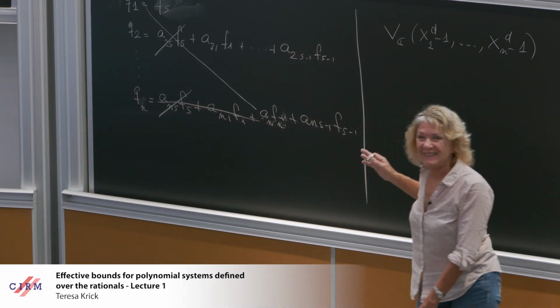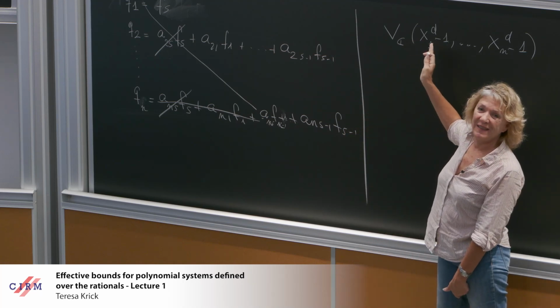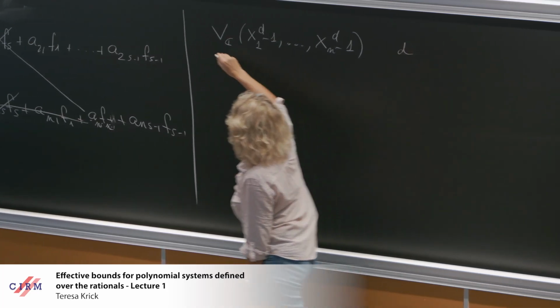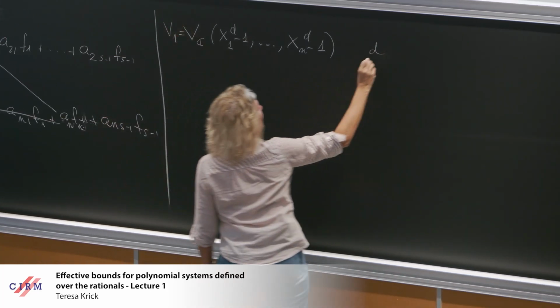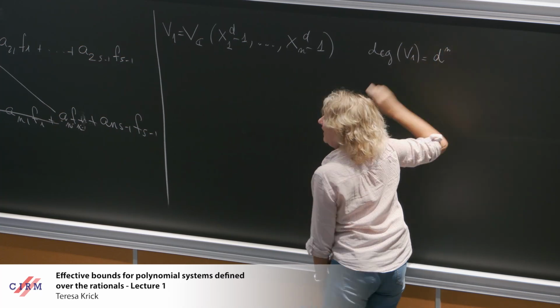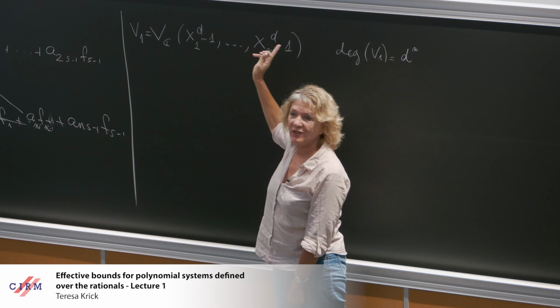D to the n, right? Well, each coordinate is a root of unity. So this has d to the n. So the degree of V1 is d to the n, which agrees with the Bézout bound, in this case d to the n, because each polynomial has degree d.